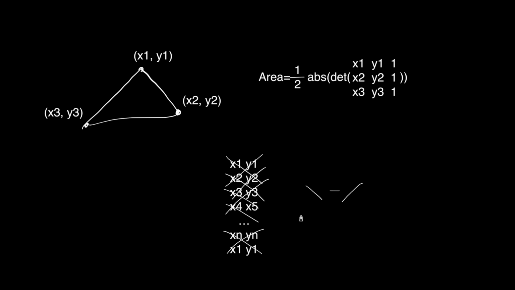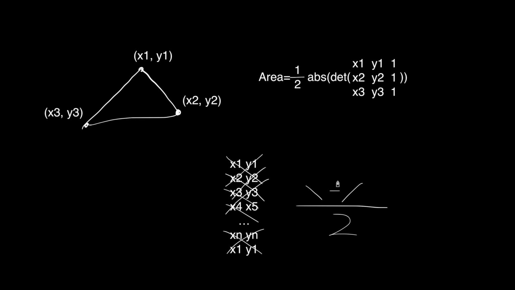So the sum of all the products going this way, subtracted by the products going this way, and this over 2 will be the area, is basically what it's saying.